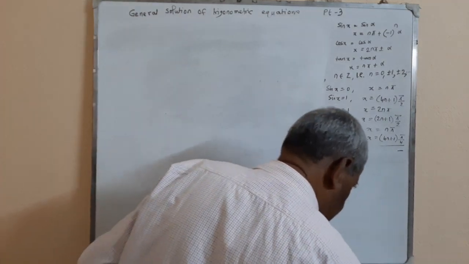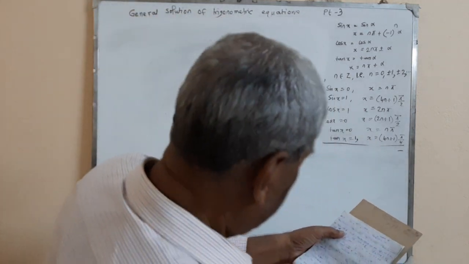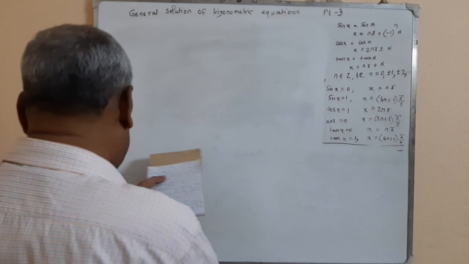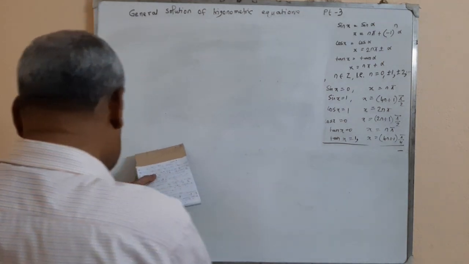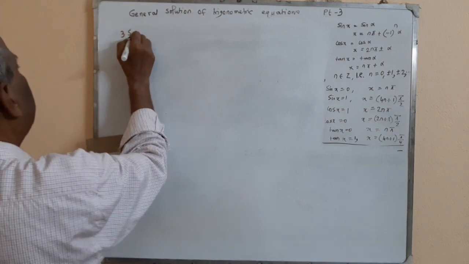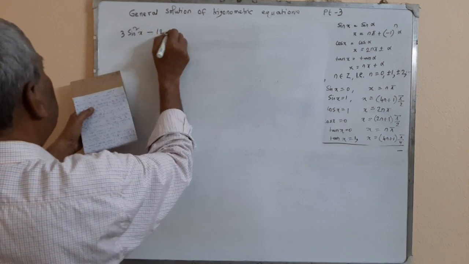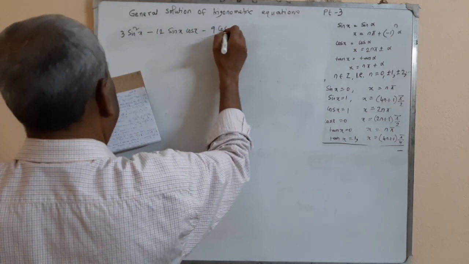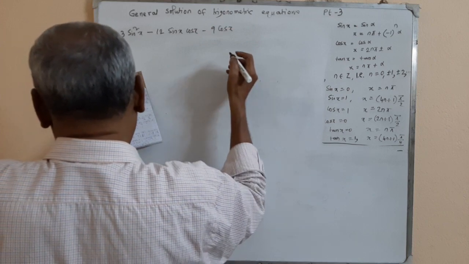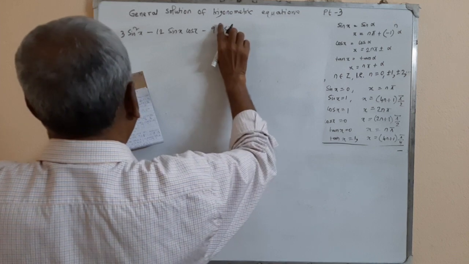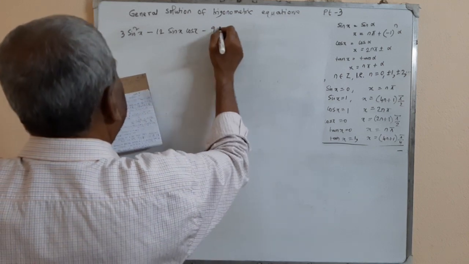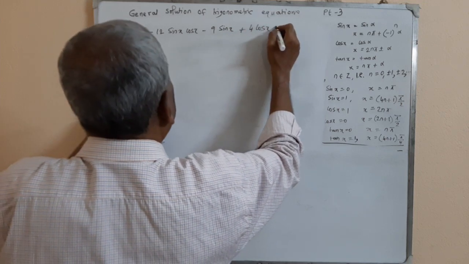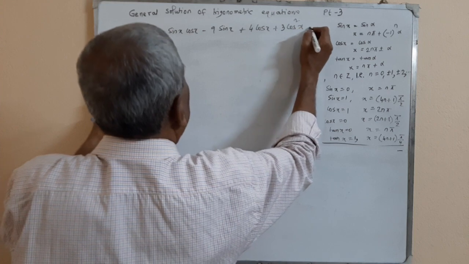Our next problem. Number of solutions of 3 sine square x minus 12 sine x cos x minus 9 cos x plus 4 sin x minus 9 sin x plus 4 cos x plus 3 cos square x is equal to 0.